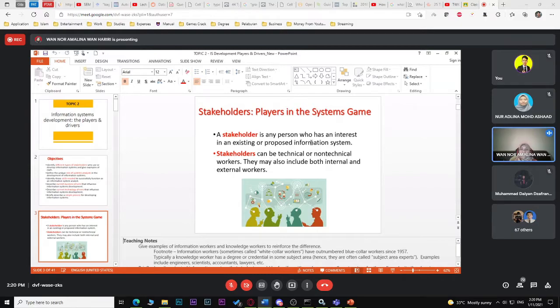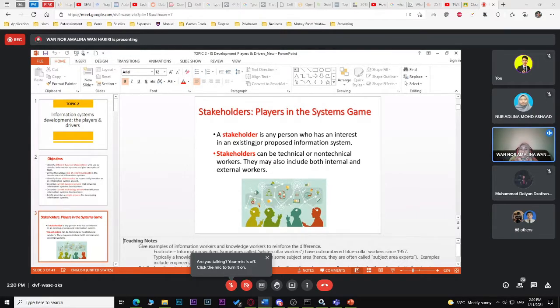proposed. So in order for you to develop the system, there will be people involved. Or if you are looking into a current system that is being used in the organization, who is using it? The people who use the system, as we call users, are part of stakeholders. So stakeholders is not necessarily only users.